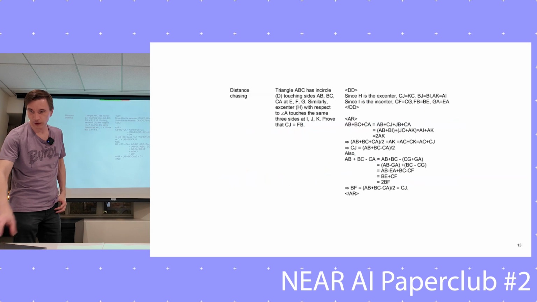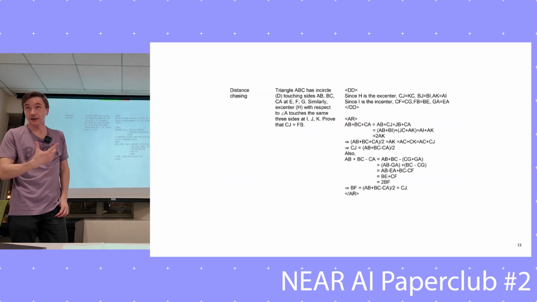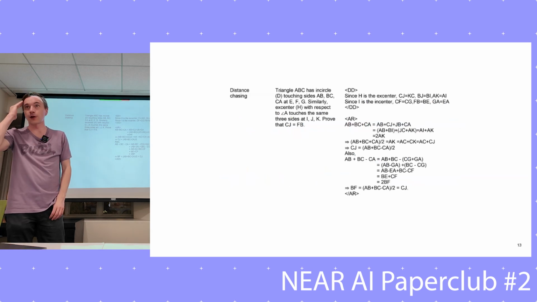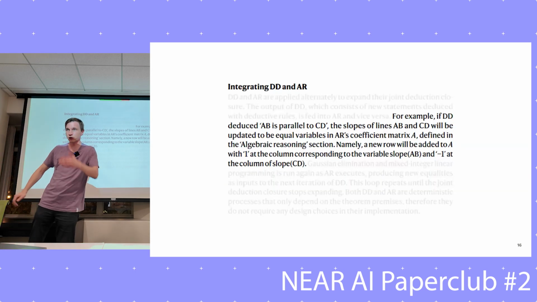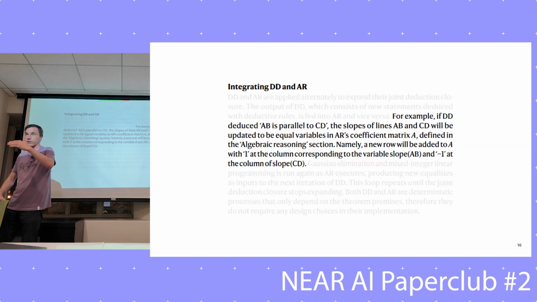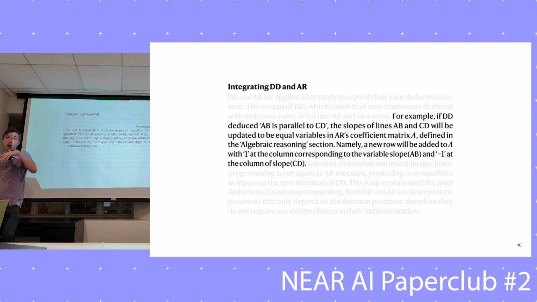So in this example, we saw where they would use DD and then AR. The way they put them together is they just run them one after another. They run DD and get all possible derivations from the database, right? DD is very fast, and there's never a reason to apply any heuristic to running it.